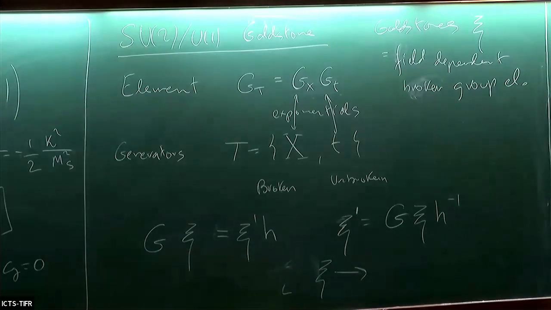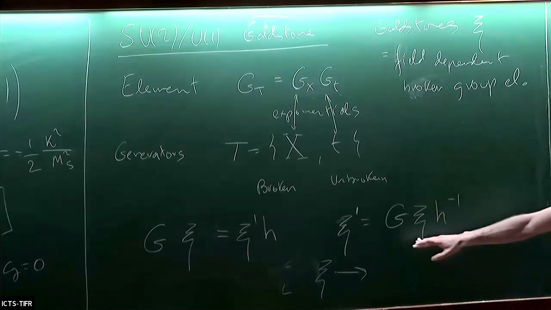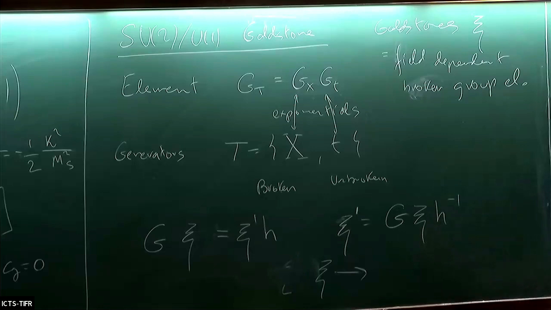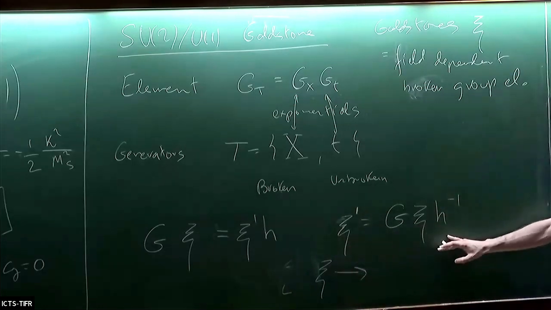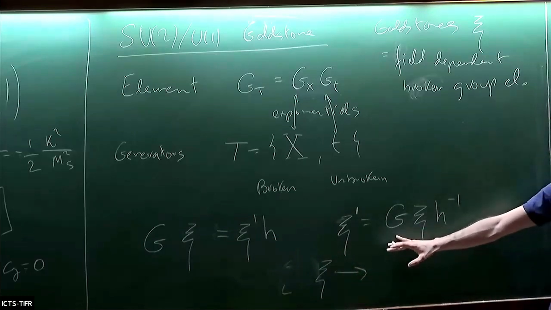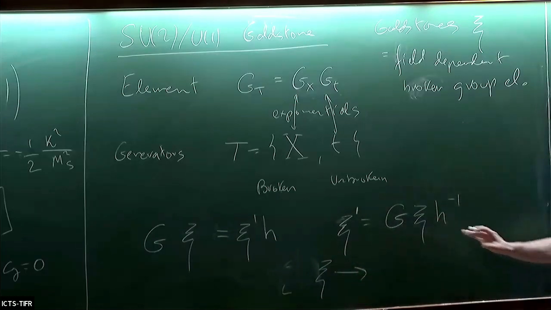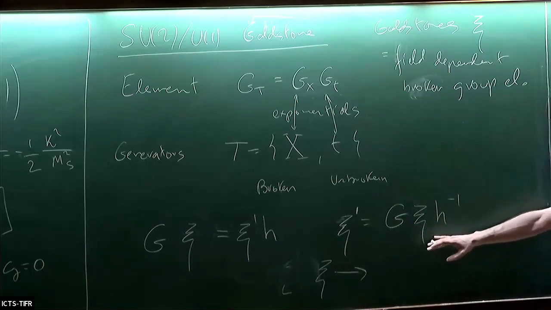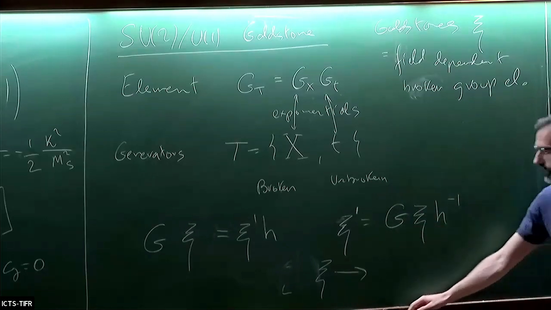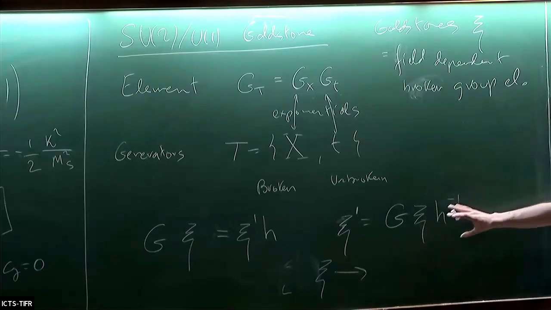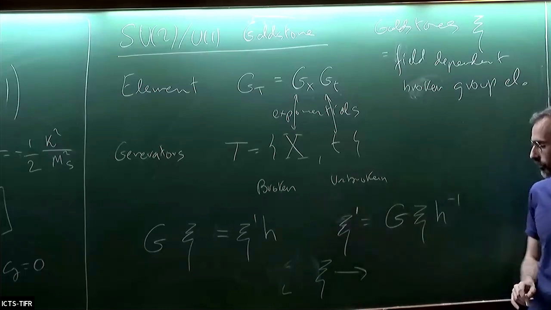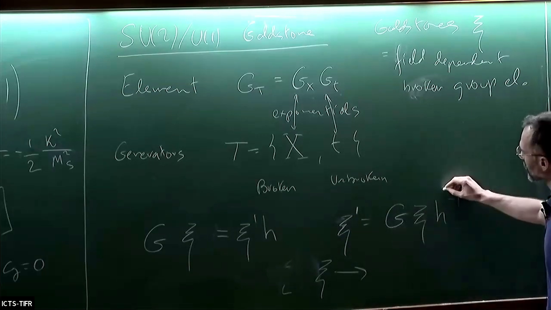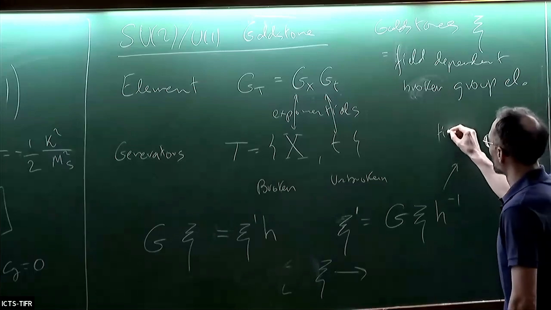I multiply by h minus 1 on both sides, I get that. Now, the tricky thing about this is that for that to be true, which is to say the left-hand side is in the broken part of the group, the right-hand side is not so evident. It's a full element of the group G. This is constant, if you like, times ξ times the broken part of it. So for this to again be on the broken part, G is a constant, but h has to be field dependent.